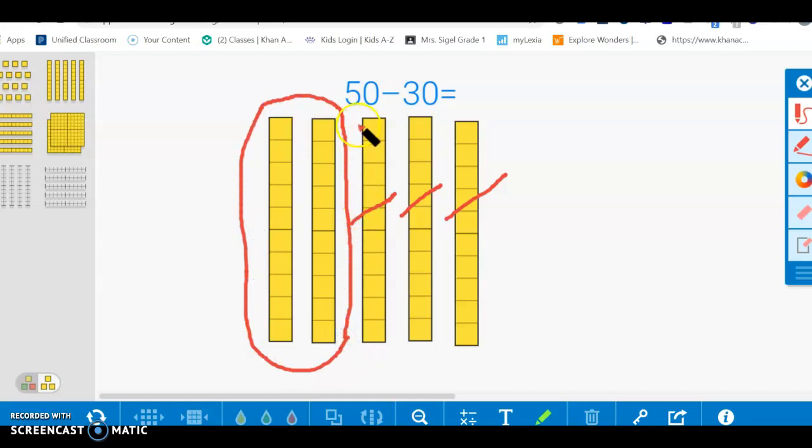Okay, so 50 minus 30 is 20. Does anyone see or notice any patterns or what you might notice about the numbers in the tens place? If you think about what 5 minus 3 is. Hmm.